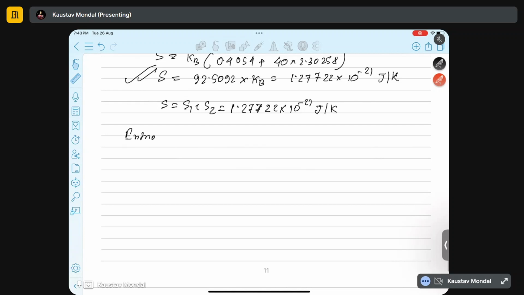Entropy is additive. If you simply add two systems, the entropy basically adds up.